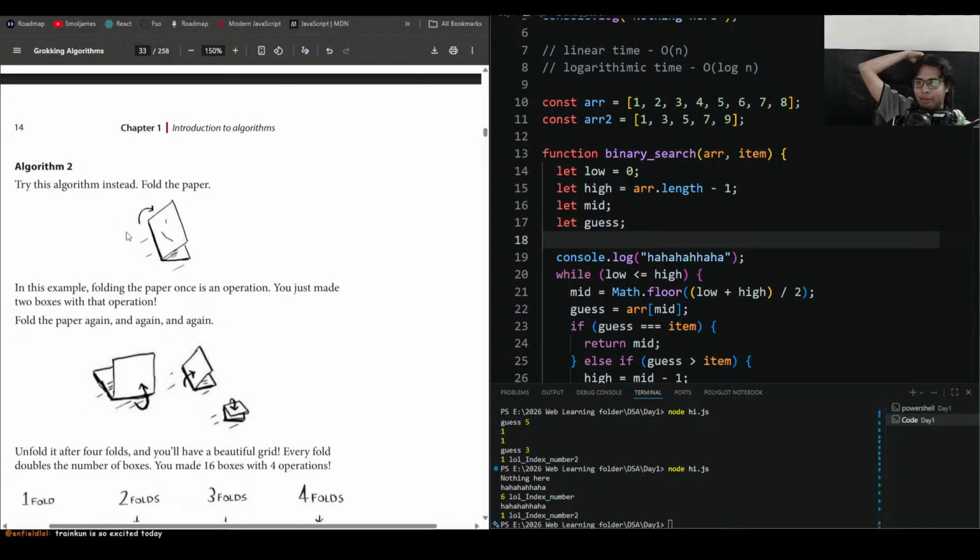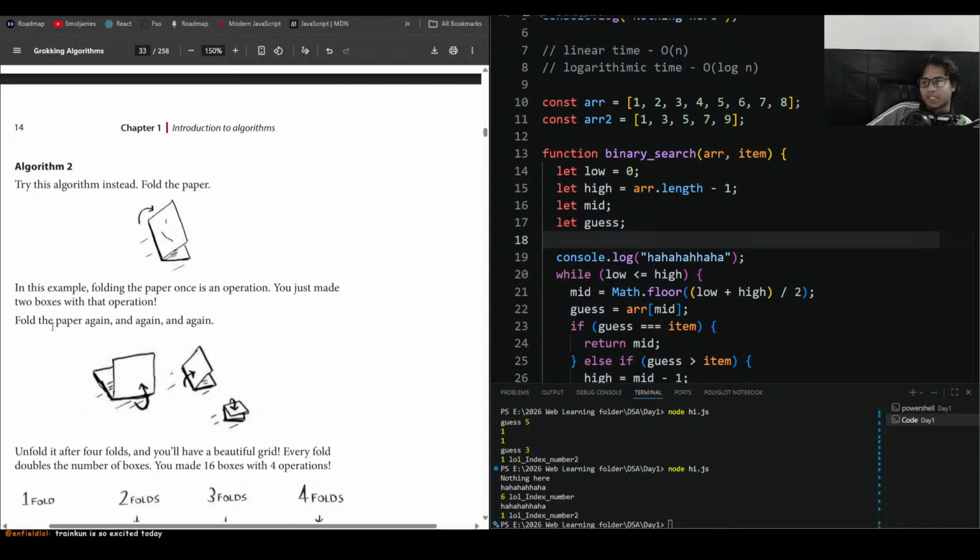Follow the paper in this example, folding the paper, or make a big one and then part cut 1, 2, 3. In this example, folding the paper once is one operation. You just made 2 boxes.